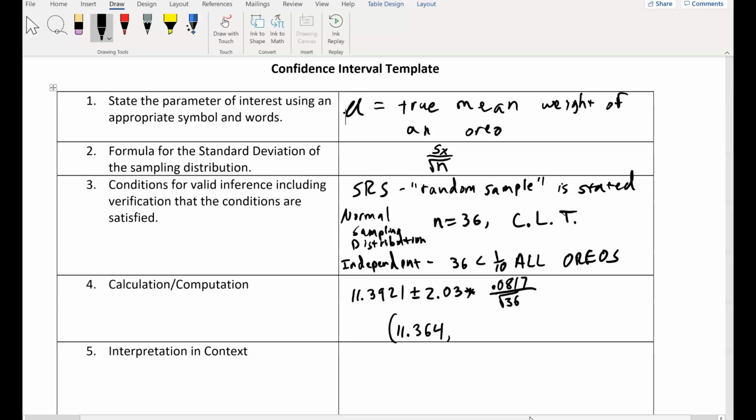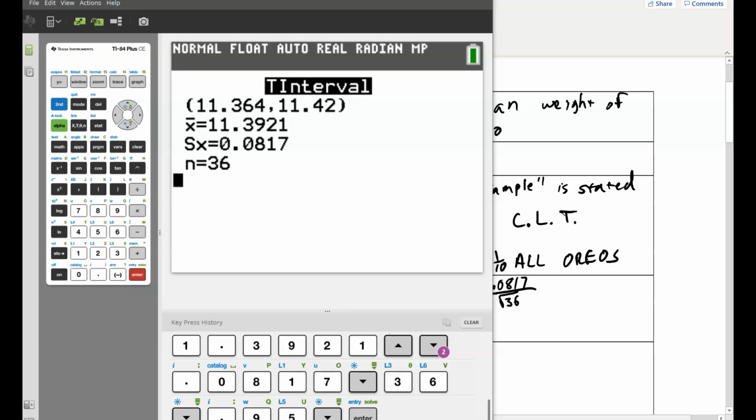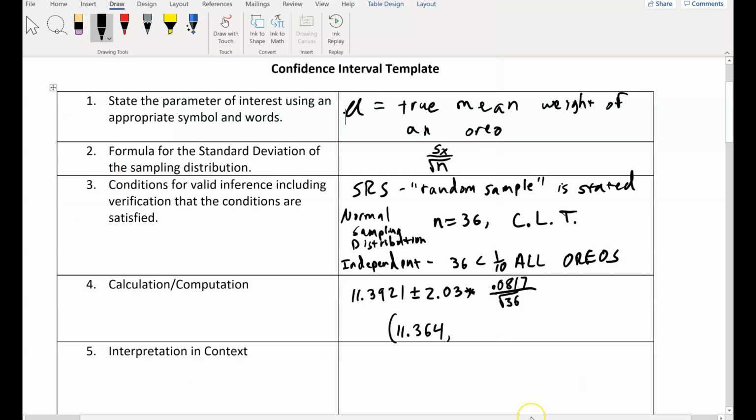Okay. All the way up to 11.42. So that's my confidence interval. And then we articulate it the same way we always have. We are 95% confident that mu is in this interval.